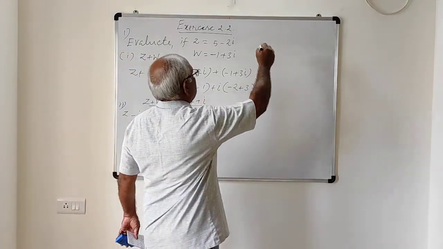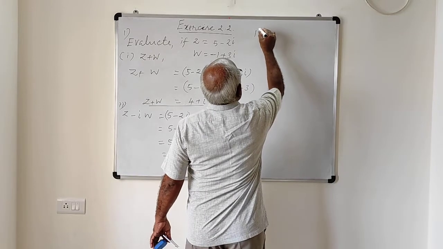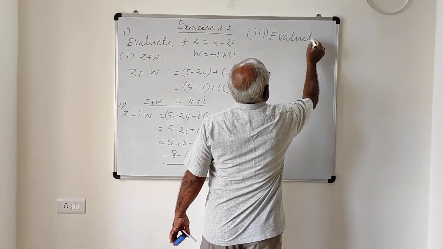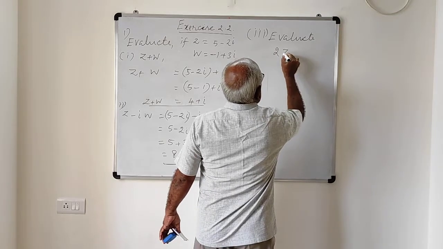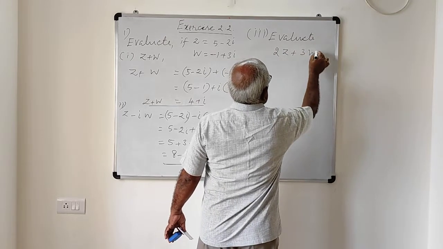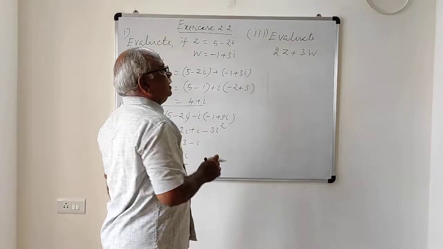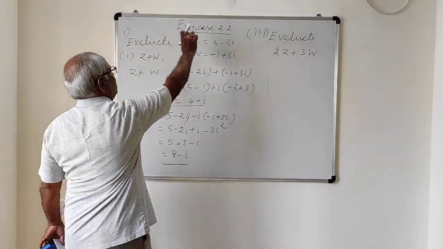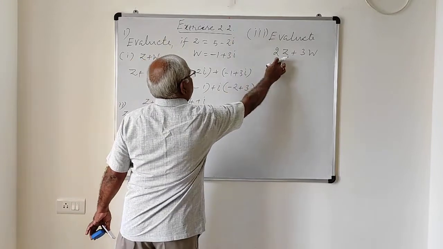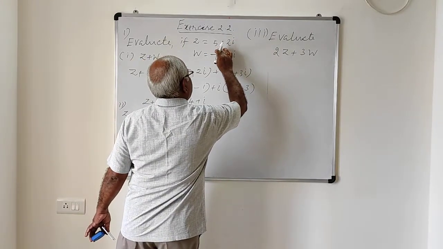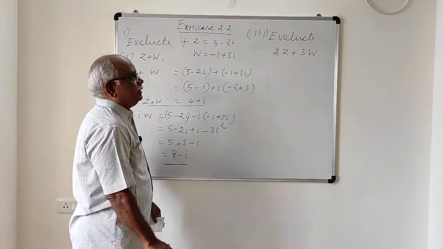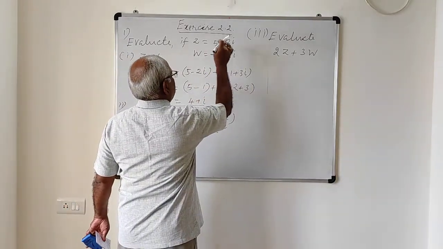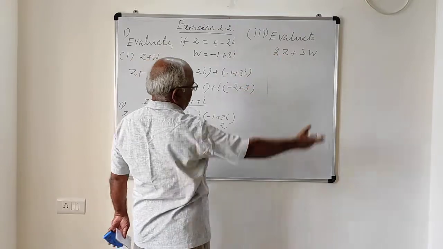Third one is evaluate 2z plus 3w. I will give this sum for your practice. You know z is 5 minus 2i. 2z, you multiply z by 2, that is 10 minus 4i. 3w, you multiply w by 3, you get minus 3 plus 9i.